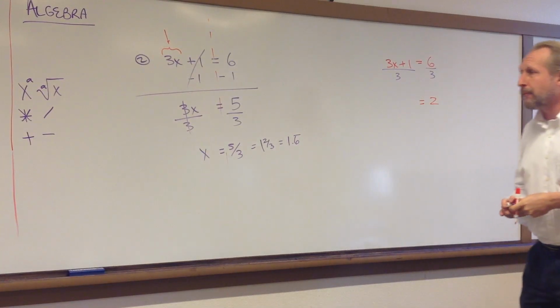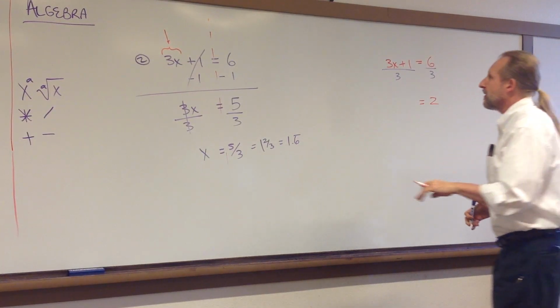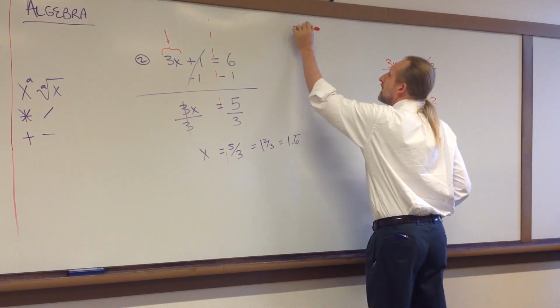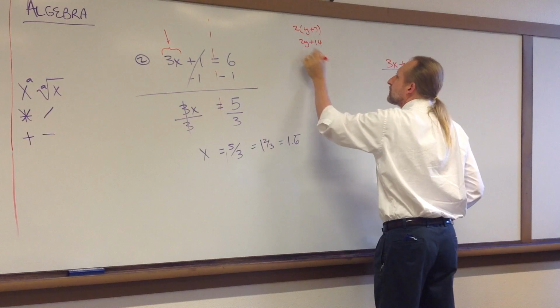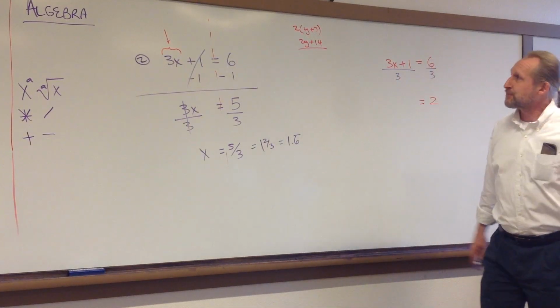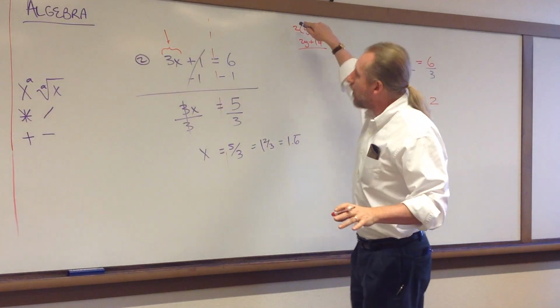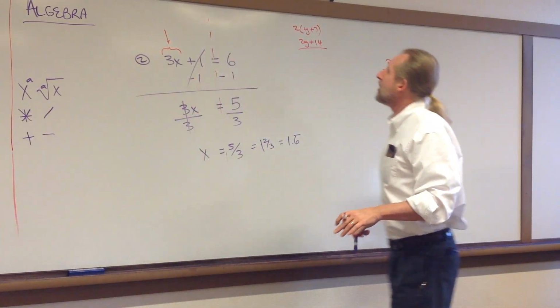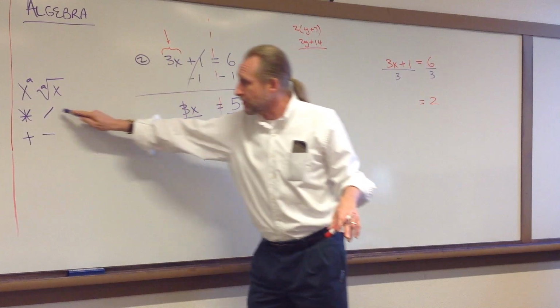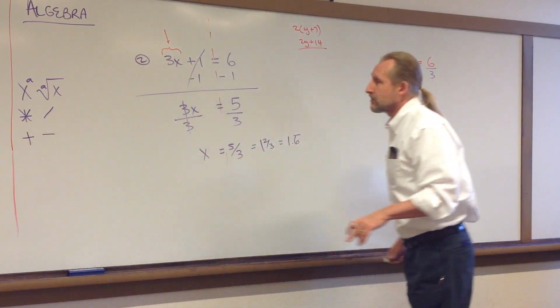Well, if you remember back to when we were doing the distributive property, right, where we had like 2 times y plus 7 is 2y plus 14, in the explanation for this, I talked about why you can distribute multiplication over addition and subtraction. You can also distribute division over addition and subtraction.